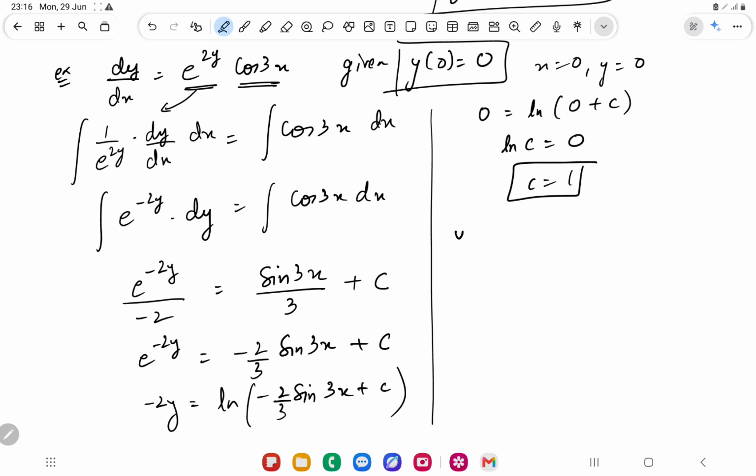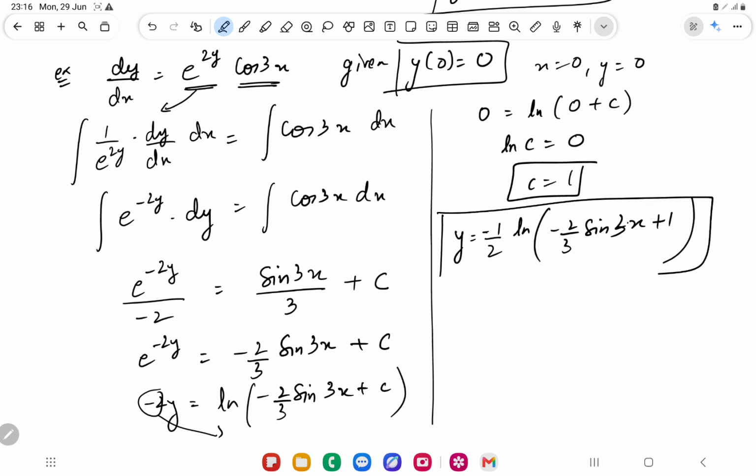So the particular solution will be y is equal to, I can take this minus 2 to the right side and I can write minus 1 by 2 ln of minus 2 by 3 sine 3x plus 1. So this becomes my particular solution for this particular differential equation.